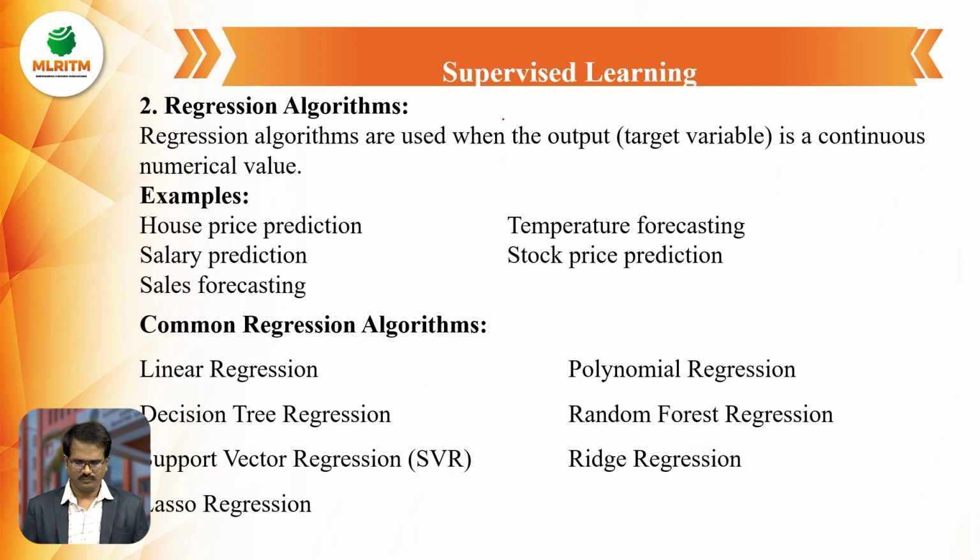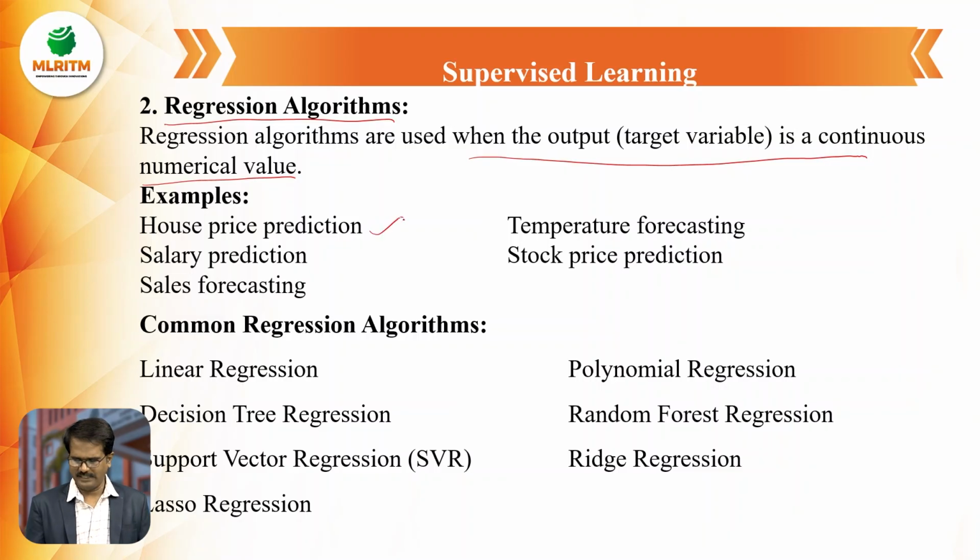That's it. Up to now we discussed only classification, which is a supervised learning algorithm. In classification, we have binary classification, multi-class classification, and multi-label classification. Now coming to regression algorithms. Regression algorithms are used when the output or target variable is a continuous numerical value.